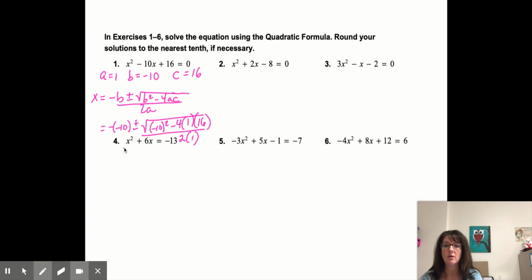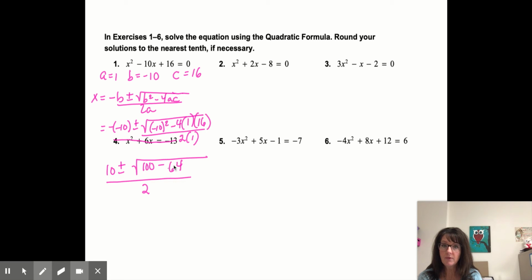So I'm going to continue on down here. Sorry, number 4, you're getting the boot. So we'll have a positive 10 plus or minus the square root of -10 squared, which is 100, minus 4 times 1 times 16, which is 64, and then all of that is over 2.